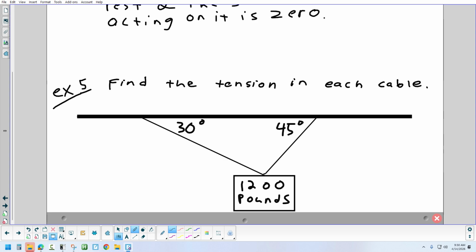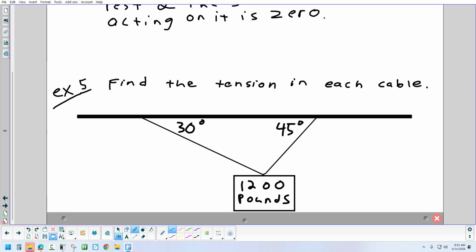Will the tension in the cables always equal the weight that it's supporting? Probably, in order to keep the weight from falling down, yes.